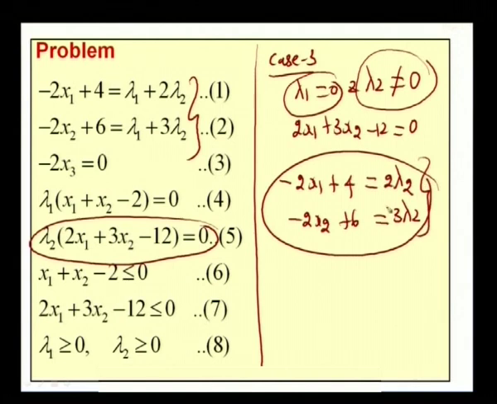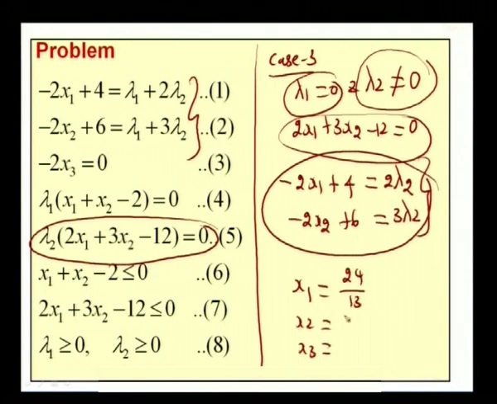So, by assuming lambda 1 equal to 0, equations 1 and 2 give us these two equations. Now, by solving these equations, we get our x1, x2, x3 and lambda values as follows. Our x1 value is 24 by 13 and x2 is 36 by 13, and from equation 3, x3 is 0.